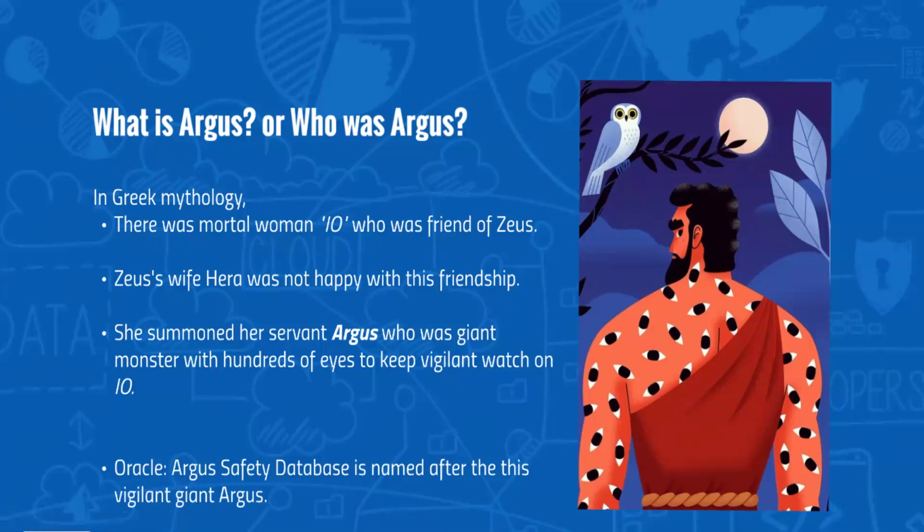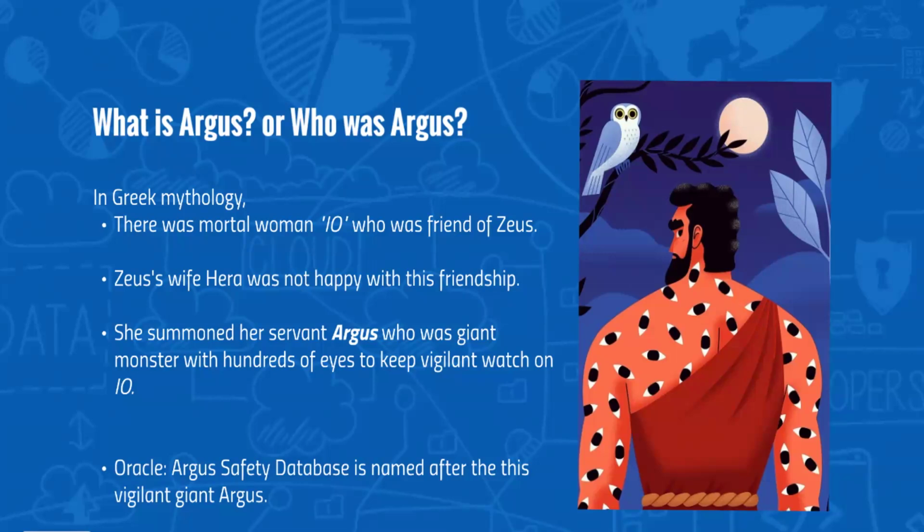From this Greek mythology they have taken the name Argus, because Oracle, the organization which owns the Argus database, thinks that the Argus safety database serves like the monster Argus. Okay, because he also has 100 eyes, and without moving his head or eyes, he can see anywhere. So they are trying to correlate that each and every purpose can be resolved from Argus itself.